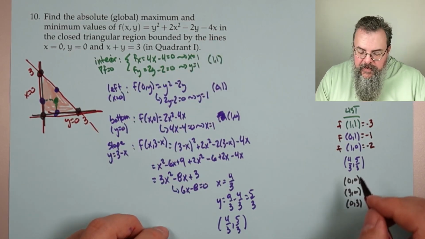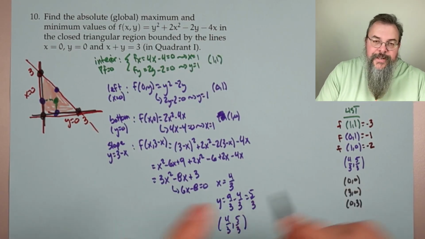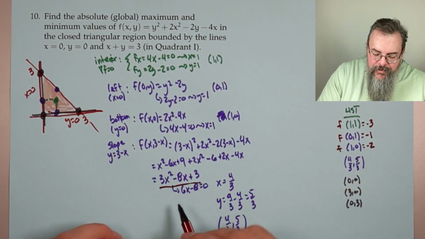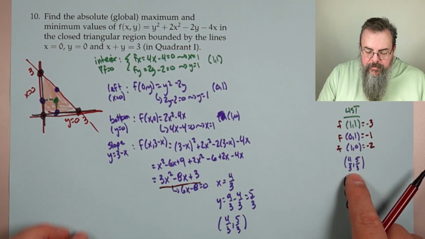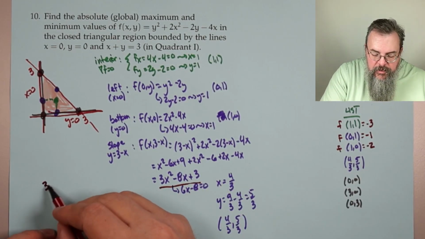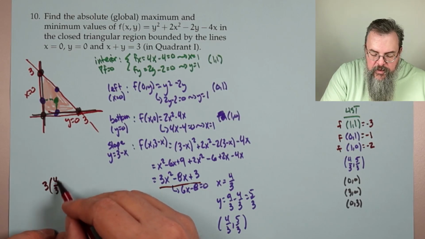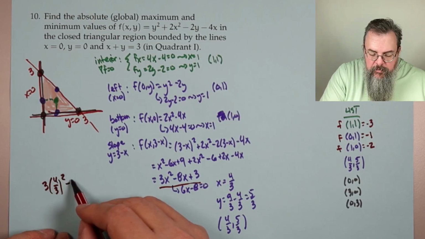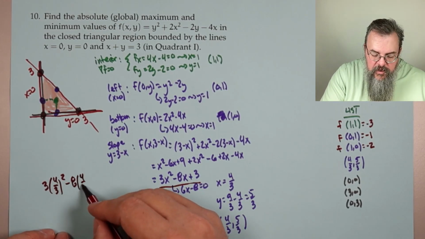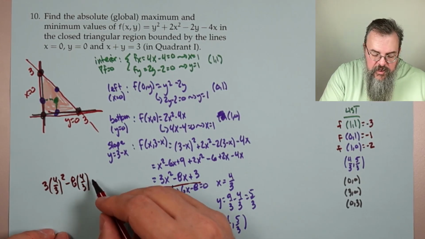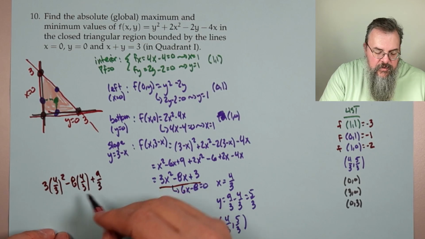How about 4 thirds, 5 thirds? Let's come here. So remember, this is our f on the line y equals 3 minus x. So we can just plug in 3 times 4 thirds squared minus 8 times 4 thirds, and then plus 3. Well, that's 9 thirds.